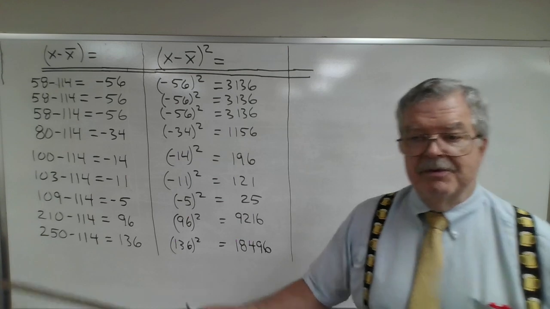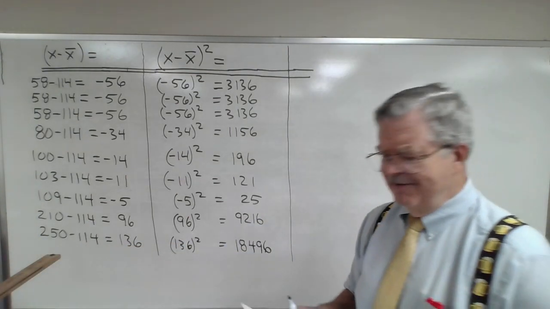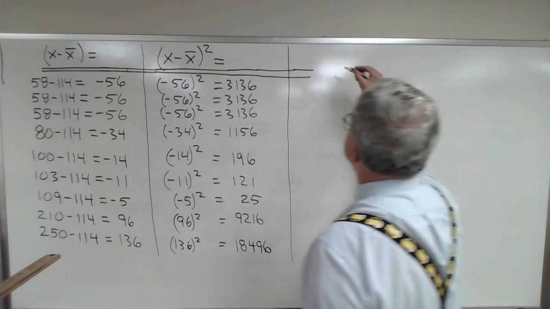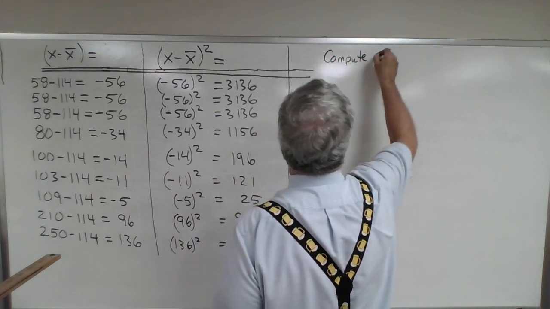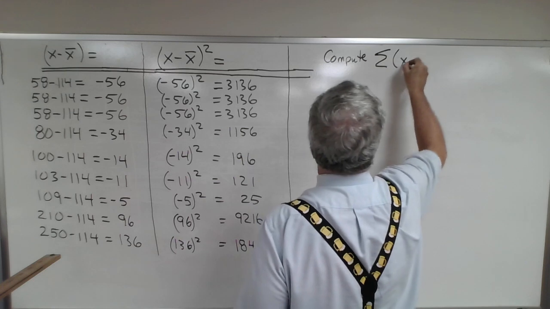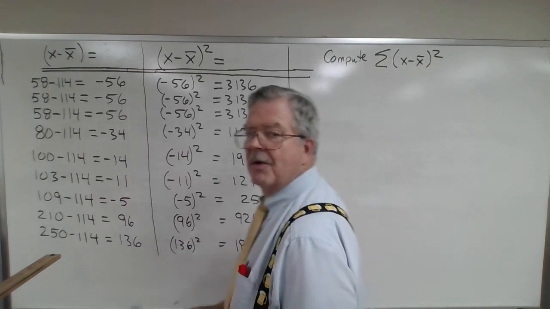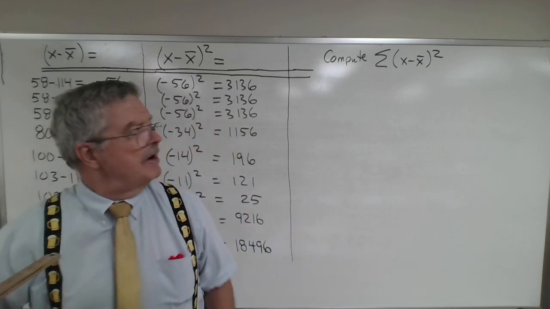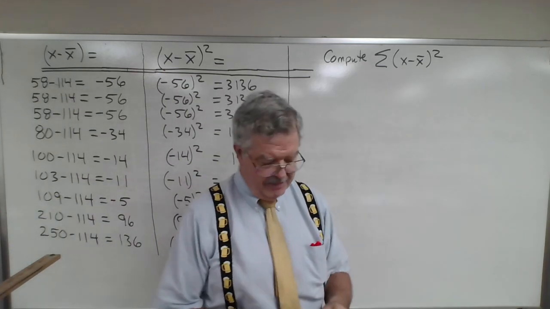Now, what do we do next? We have to add these things. We have to add up the squares of the differences between the data values and X bar.